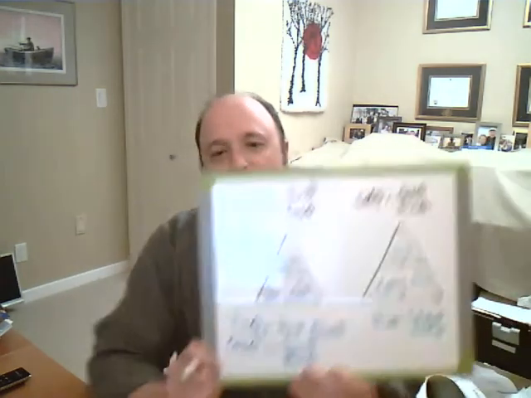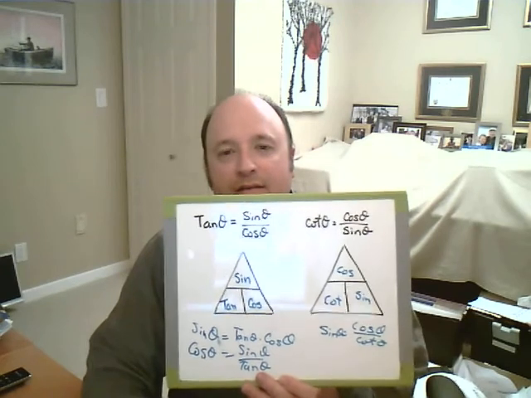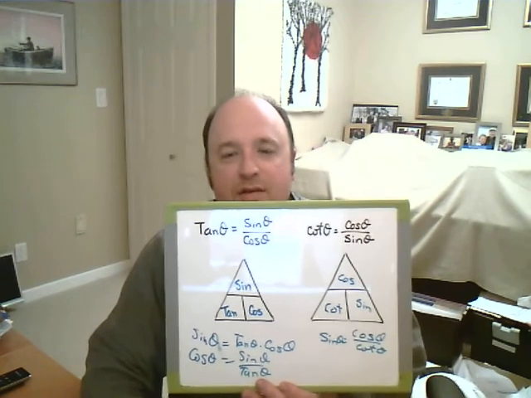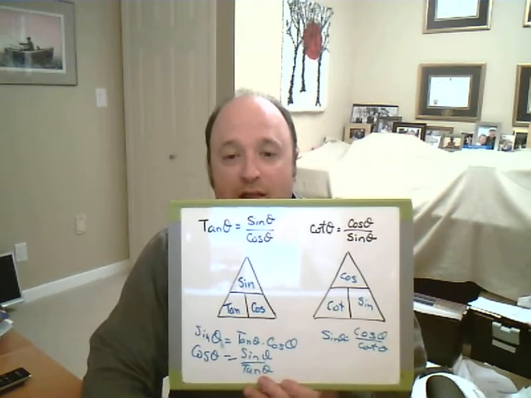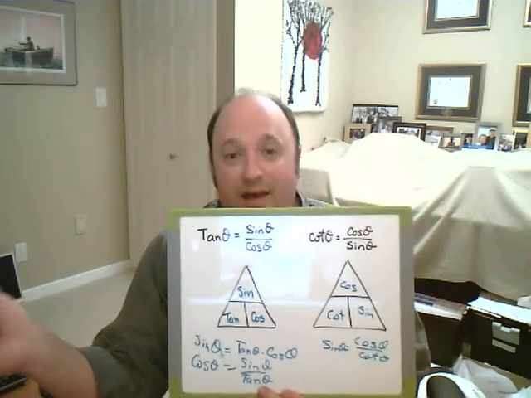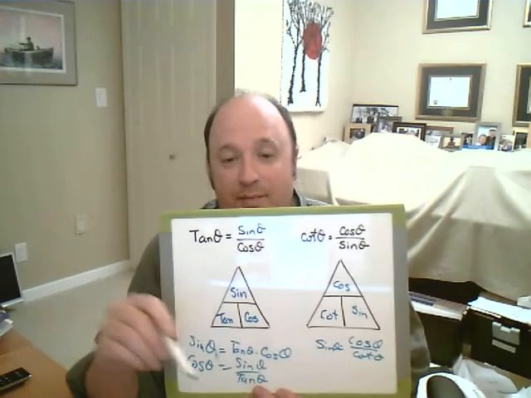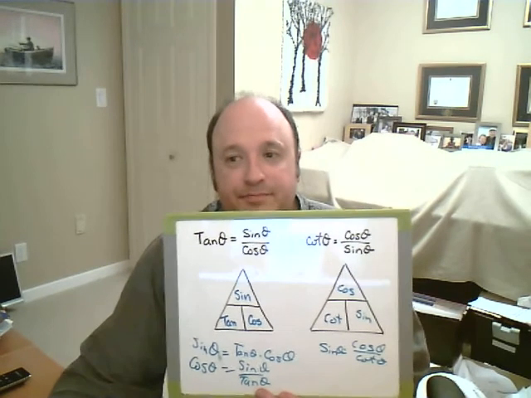So these algebra triangles are really handy in helping us break the codes of some of these questions that you're dealing with. And that's why I showed them to you at the beginning of the class. So if you haven't written them down, then scroll back to the beginning of the class, write them down, and then come back to like 3:15 and get ready for the next part of the lesson.